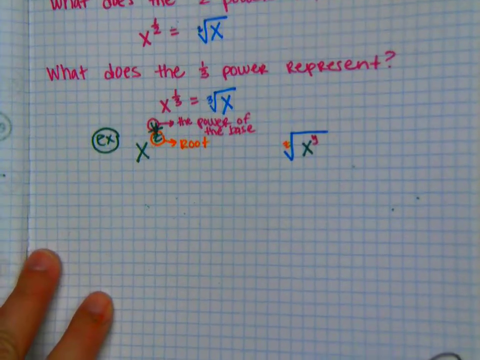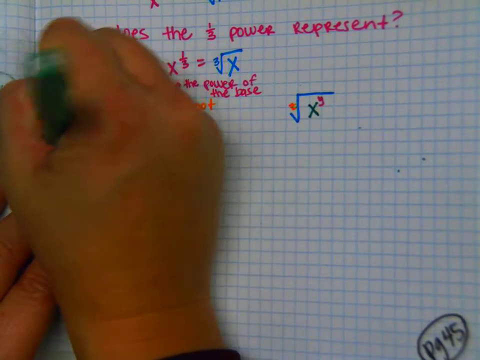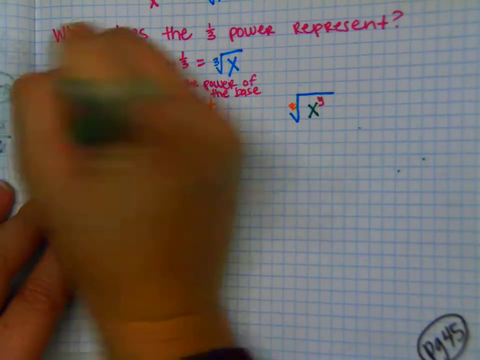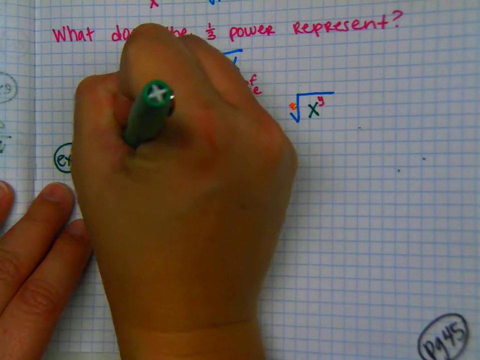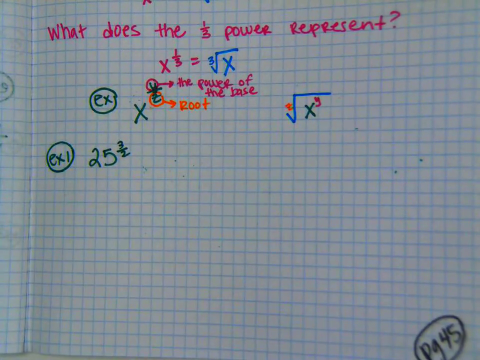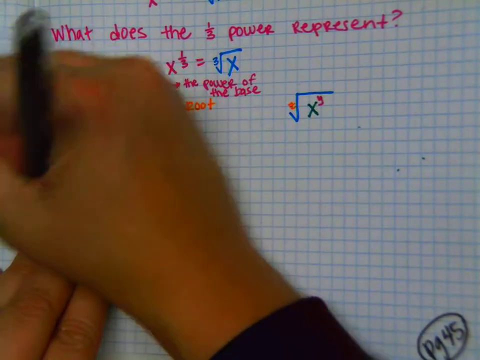So, how do we use this? Well, we use this when we have problems like this next example. 25 to the 3 over 2. Okay? 25 to the 3/2. Now, you cannot just plug it in the calculator. You must show work. So I'm going to write this down.